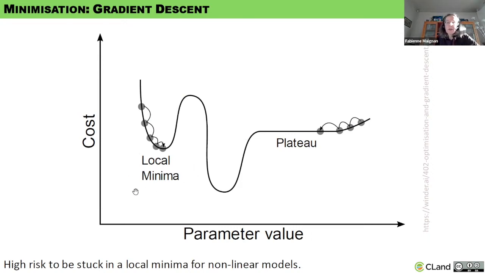So this is a simple 1D representation, and basically you follow the slope of the cost function, but the problem is you can be stuck in a local minimum. And so what we do is we start, in fact, from several first guesses, sampling the cost function here and here and here and here. And among these 10 to 20 first guesses, we start from the lowest value of the cost function.